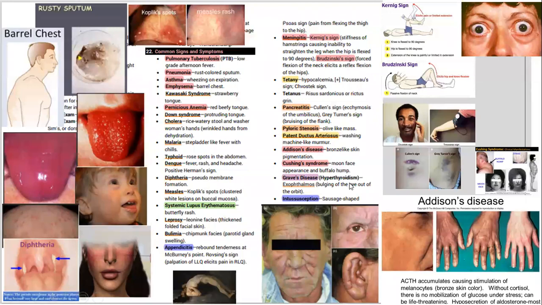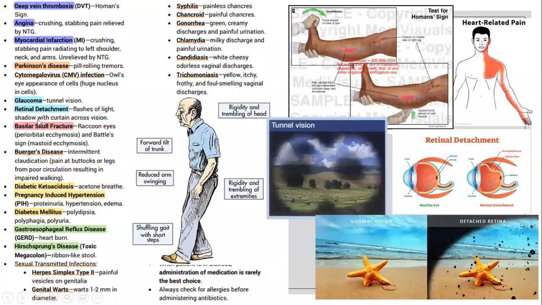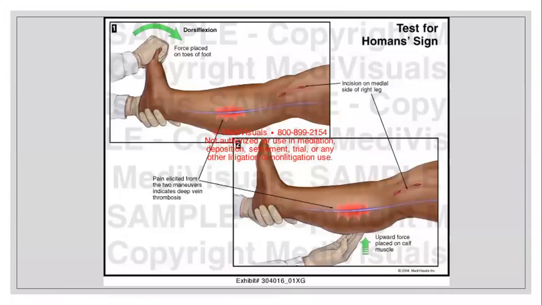Right? So next here, deep vein thrombosis. What we can say, Homans sign should be positive. So what is Homans sign? This one. Because of deep vein thrombosis, Homans sign is considered by some healthcare providers to be a sign of deep vein thrombosis.